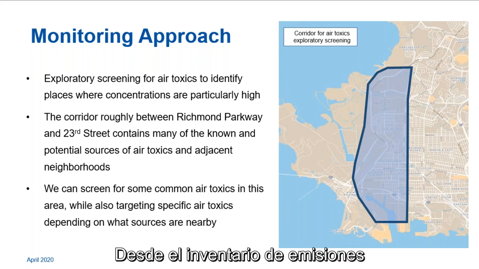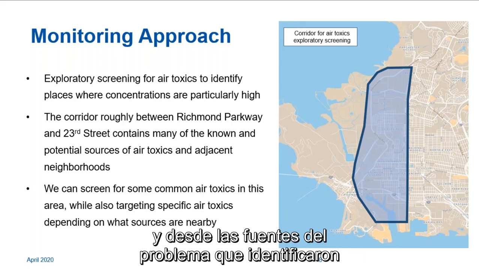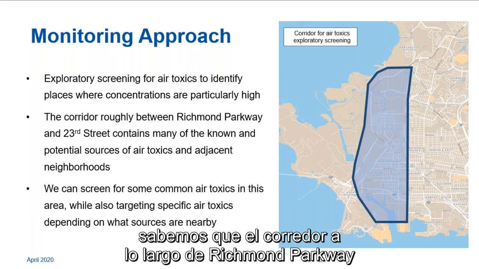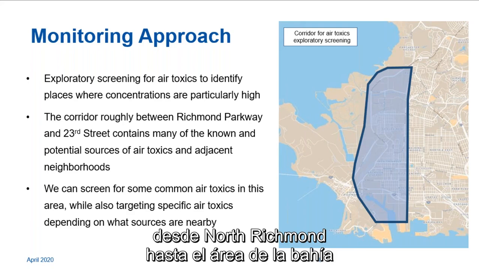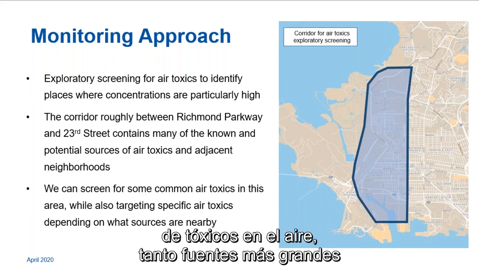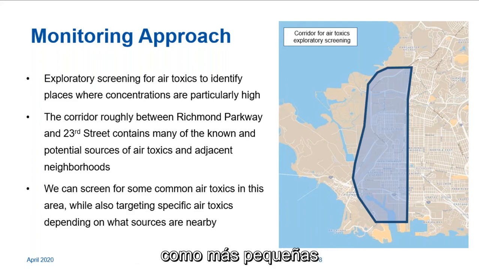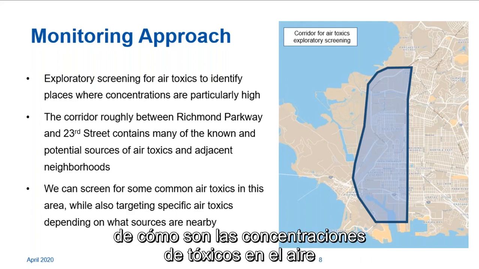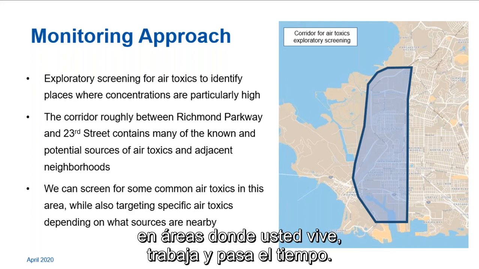From the emissions inventory and from the sources of concern that you've identified as a steering committee, we know that the corridor roughly along Richmond Parkway from North Richmond down through the harbor area contains many of the known and potential sources of air toxics, both large sources and smaller sources, and includes several adjacent neighborhoods, because we also want to get a sense for what air toxic concentrations are like in areas where you live and work and spend time.